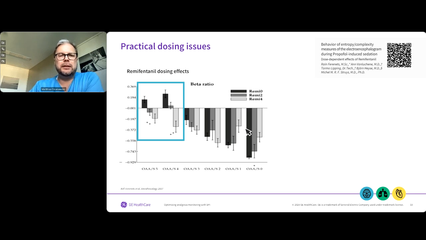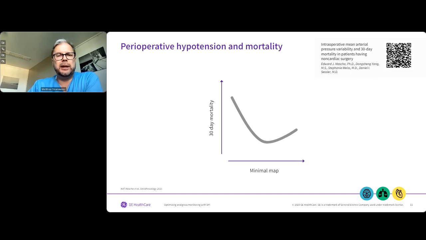As you can see here in the high remifentanil concentration, the beta ratio is different than in patients that are more awake, like these patients on the right side. So dosing our anesthetic is really a challenge, and it is important that we have monitoring in place that helps us dosing them.